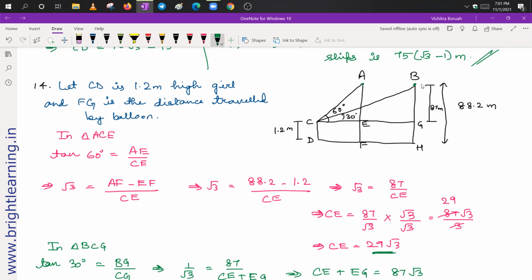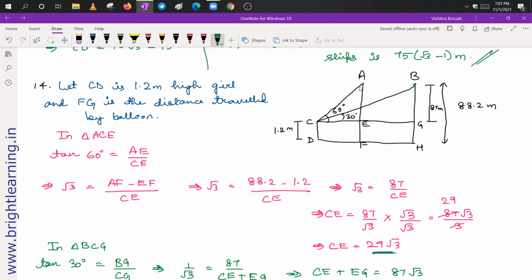We are also given that the balloon is at a height of 88.2 meters from the ground. If you subtract the height of the girl, you will get the height of BG, that is 87 meters.